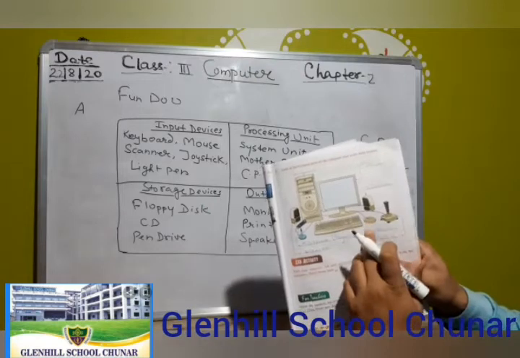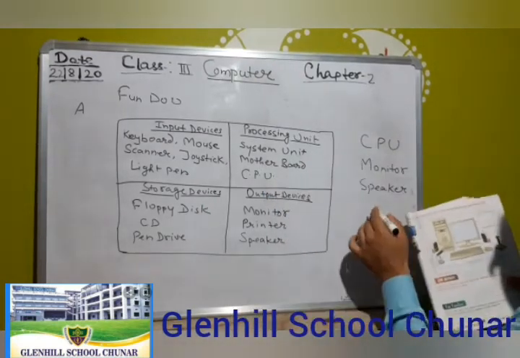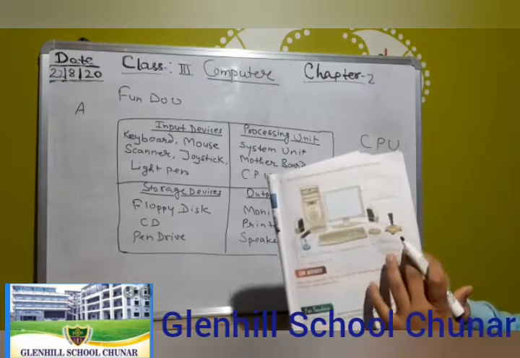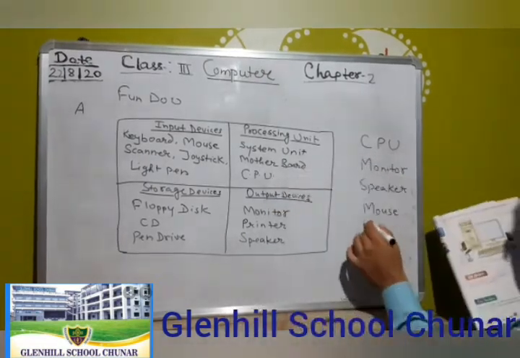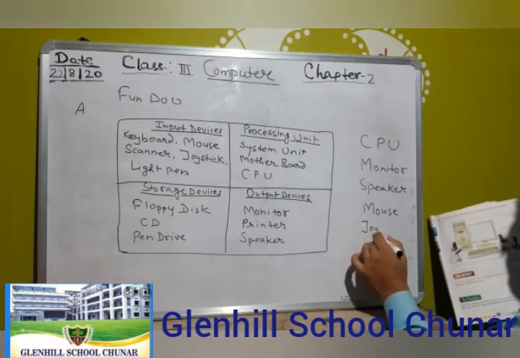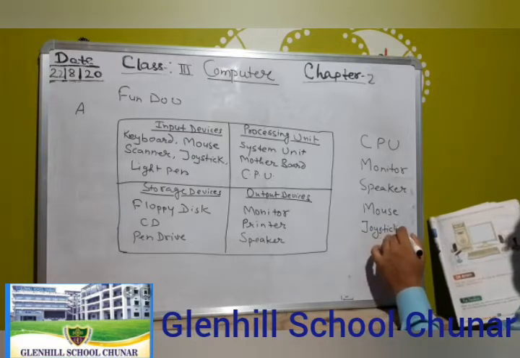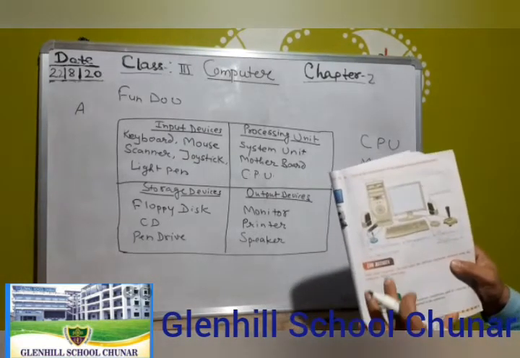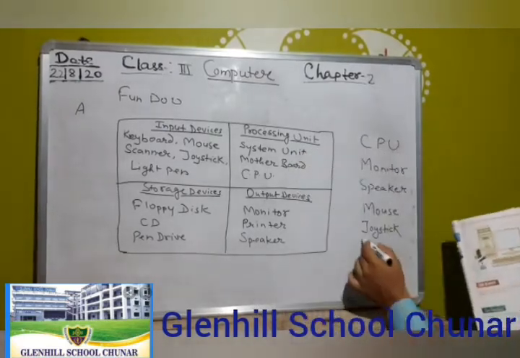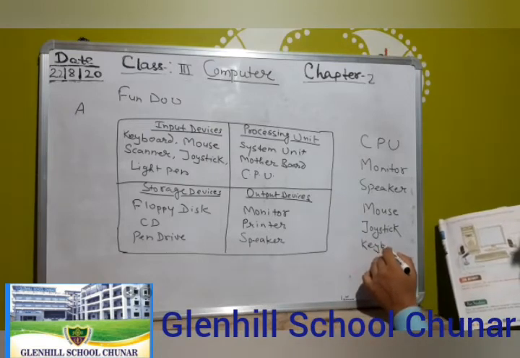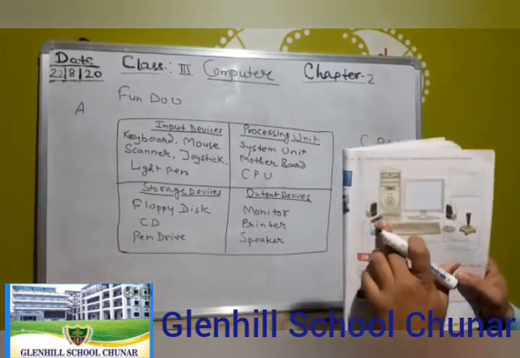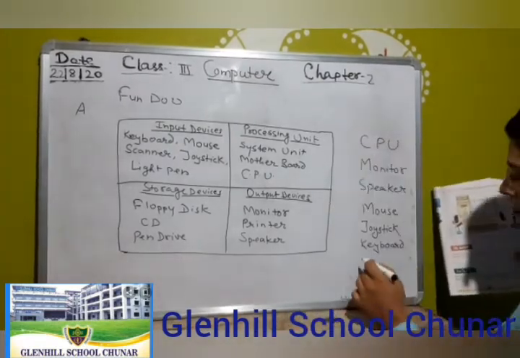Okay, and this one is a mouse. So you fill in mouse first, and then after that joystick. Joystick, and then after this one, the figure indicates the keyboard, and this one is microphone.